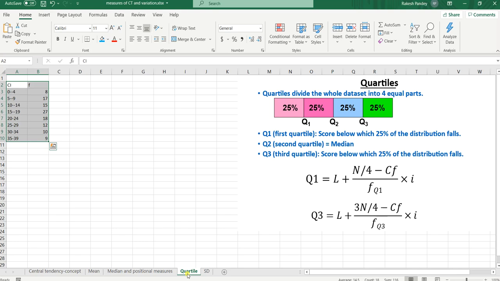So quartile as such is not in the syllabus, but when you learn the measures of variation, and one of the measures of variation is called quartile deviation or semi-interquartile range, then that will be based on computation of the quartile. Since the computation of positional measures follows the same logic, same method, it will be easier for you to learn quartile in continuation with median.